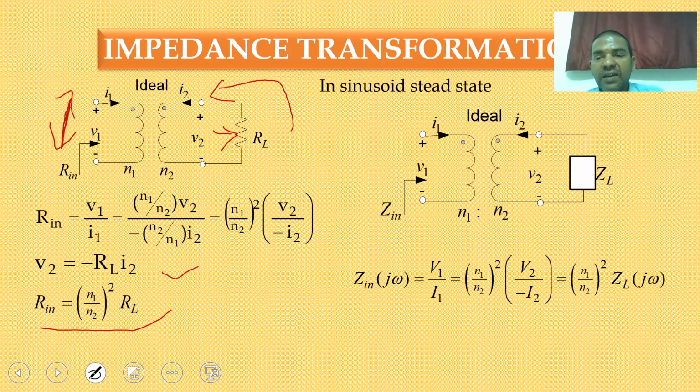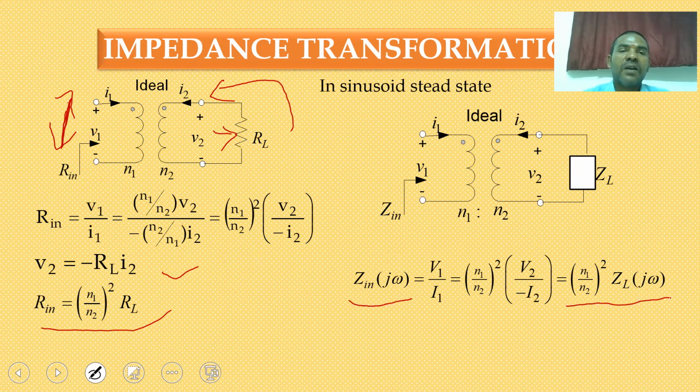ZL is the load impedance, I2 is the load current, N1 is the turns of the first coil, N2 is the turns of the second coil. Then Z input must be equal to (N1 by N2) square into ZL. Whatever resistance relation you calculated, you replace R by Z, that's all. So this is the impedance transformation between the coils.